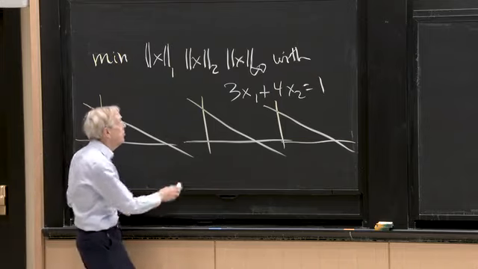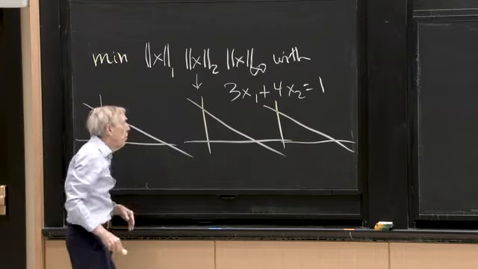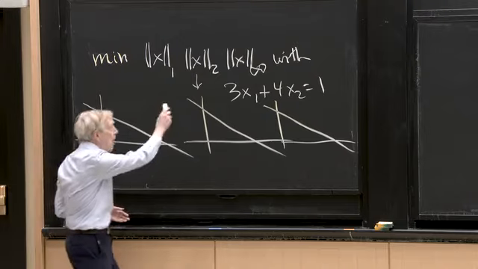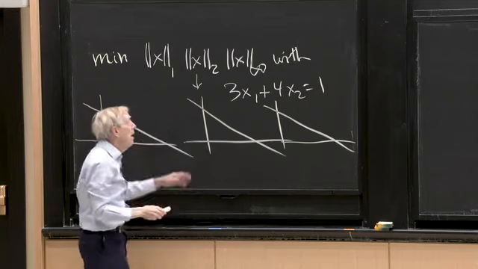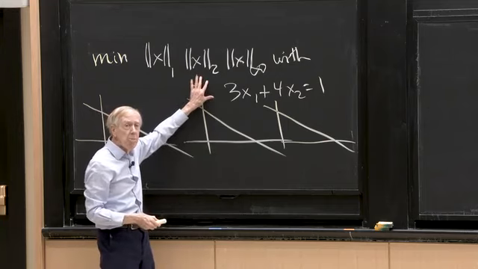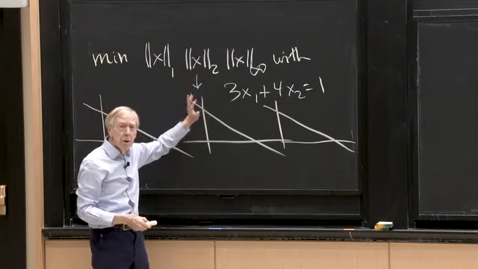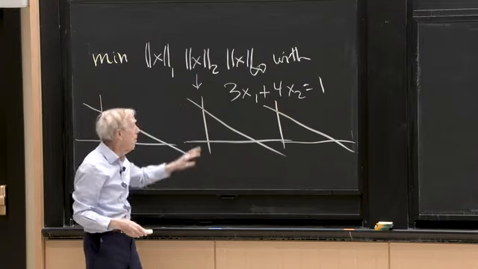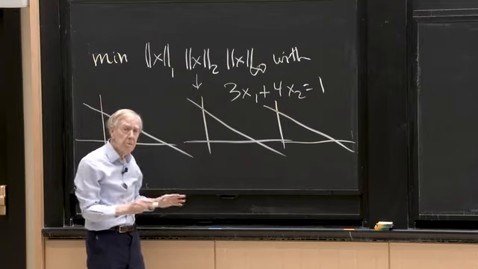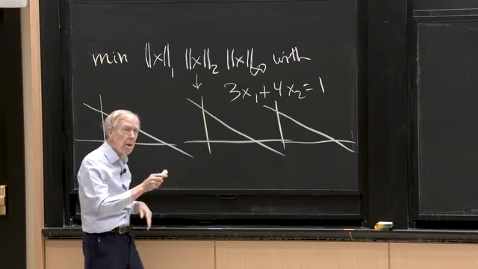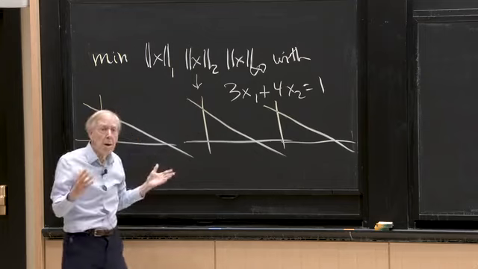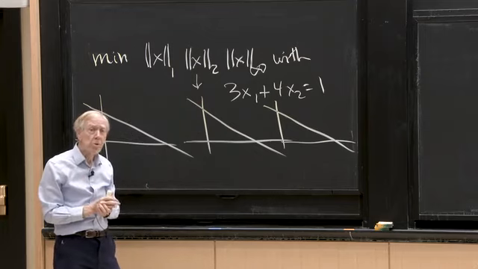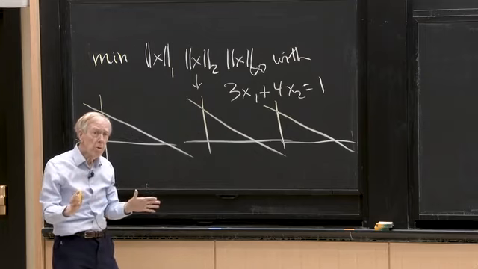Let me draw the L2 one here. So where is the point on this line? So the x has to lie on this line. And where is the point that has the smallest sum of squares norm, standard L2 norm? So geometrically, where is that point? Well, what does the set of points with norm 1 look like for L2? It's a circle, right?